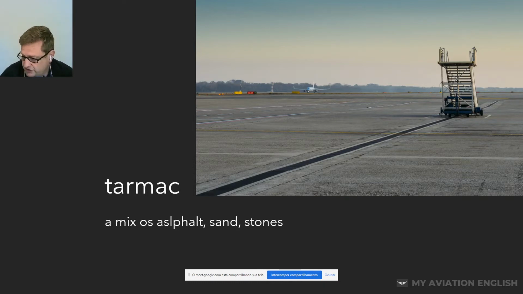Muitas vezes na aviação, em vez de ouvir apron, você vai ouvir tarmac. É muito comum nos Estados Unidos. Essa eu realmente não conhecia. So the airplane is on the tarmac. What does it mean? It's on the apron. It's on the pavement. Not exactly asphalt, but harder. É uma mistura um pouco mais dura, por causa do peso das pedras. So it's called tarmac. Very used in the United States, even more than apron.